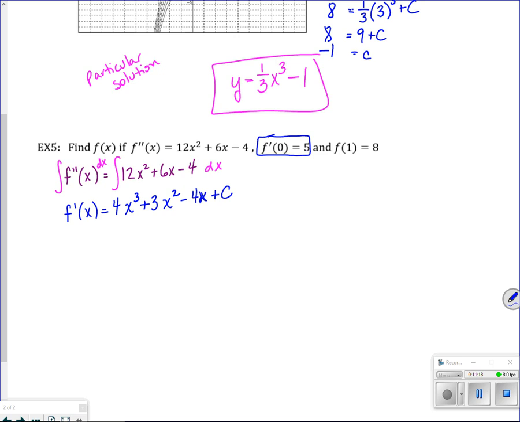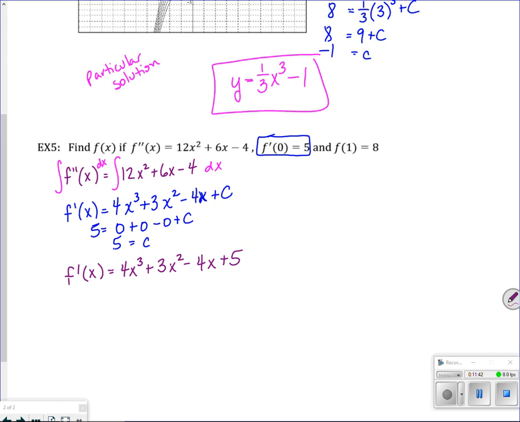F prime of 0 is 5. So when I plug in zeros for all these x's, I better get out 5. So that c is 5, which means f prime is 4x cubed plus 3x squared minus 4x plus 5.